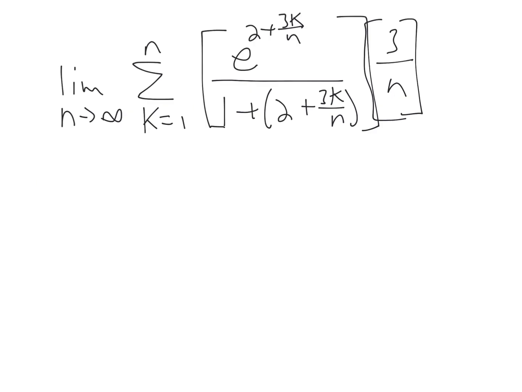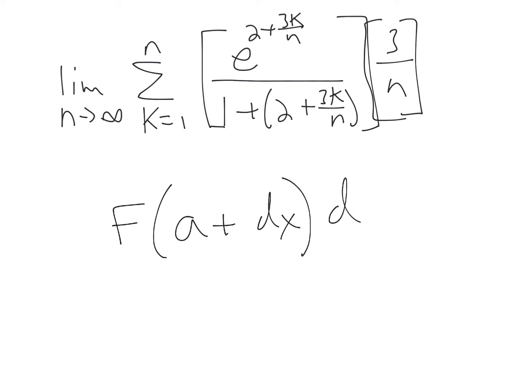Here's a complicated looking Riemann sum. But I'm hoping you see that same format. It says we go through an infinite number of rectangles, and we start with the first one. When we go to this format, when I have f of a plus k times dx, times dx, that's basically what we're doing.